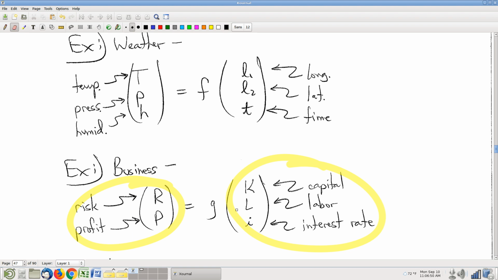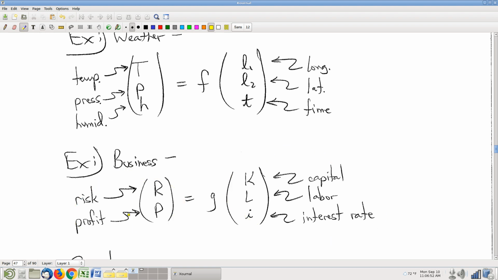And by the way, notice, why did I stop at just 3 variables here? If I knew more economics, I could rattle off a few other inputs that affect risk and profit, and I don't know exactly what they are. Advertising, maybe. So the point is, you can have functions with more than 3 variables, and it's nothing spooky.